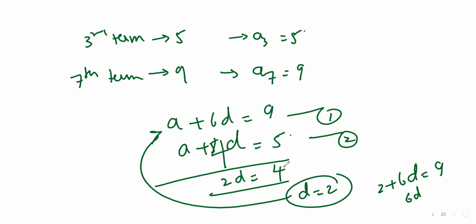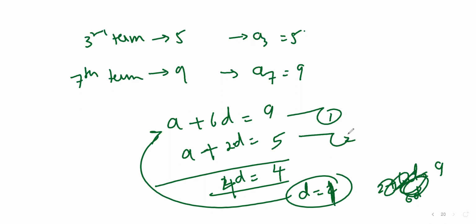Sorry, I made a mistake. A plus 2D is 5. So 4D is 4, D is 1 in this case. I'm just doing equation 1 minus equation 2. So D is 1. This is just an example of where you use your substitution or elimination.